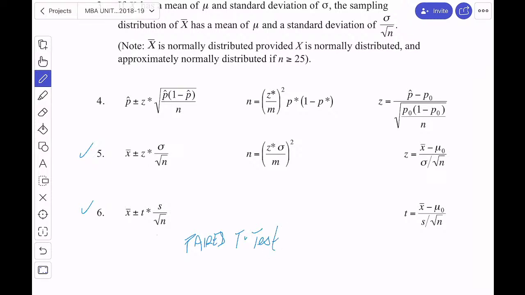Okay, so that's what we're going to cover today. So we're going to begin with what's called the paired t-test or matched pairs test.